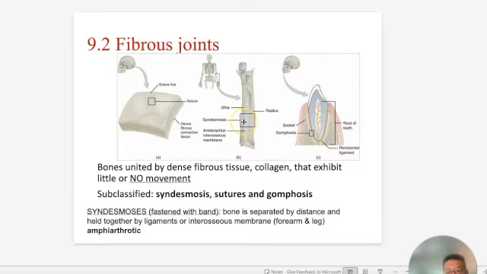In between the ulna and radius, you have a fibrous ligament, with very little or no movement at all. So again, these are syndesmosis, fastened with a band. The bones are separated by a distance and held together by ligaments or an interosseous membrane.